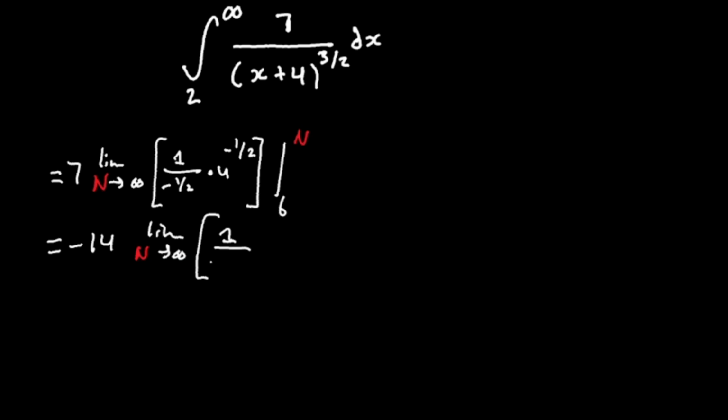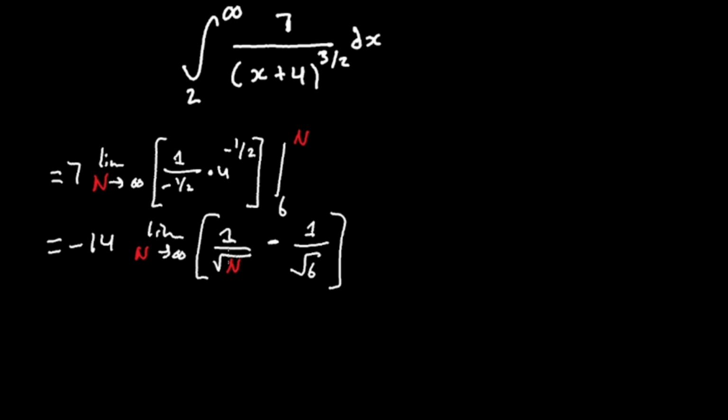Now let's just plug in our n. So 1 over square root n minus 1 over square root 6. We plugged in our bounds of evaluation. Now, as n goes to infinity, we note the square root of n is also going to go to infinity, but we're doing the reciprocal of that.